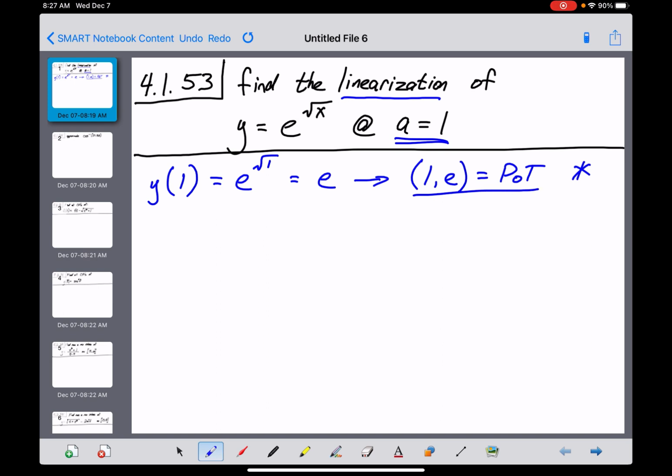The second thing is going to be a little bit harder. We need our derivative, eventually evaluated at 1, but not yet. So let's find the general derivative, dy/dx of e to the square root of x. Anytime we're differentiating an exponential function, we begin with the same base, e, to the same power, the square root of x, multiplied by the derivative of that exponent.